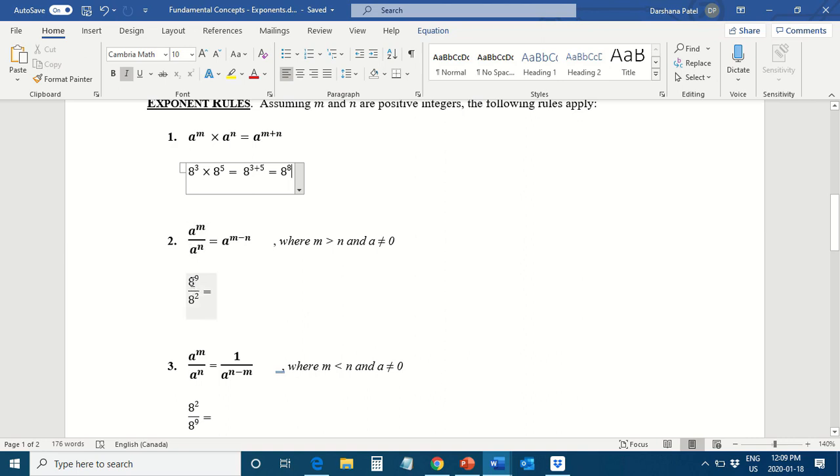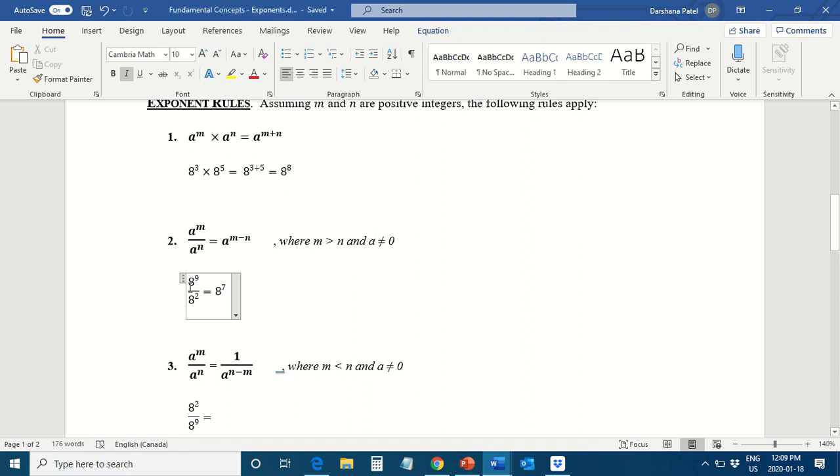For example, 8 to the power of 9 divided by 8 to the power of 2 simplifies to 8 to the power of 9 minus 2. Okay. 9 minus 2 in the exponent will give us 8 to the power of 7.